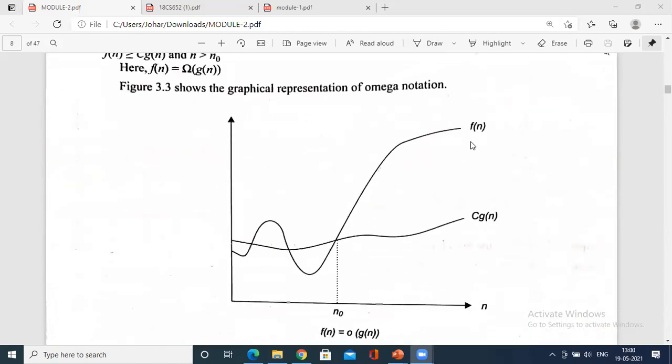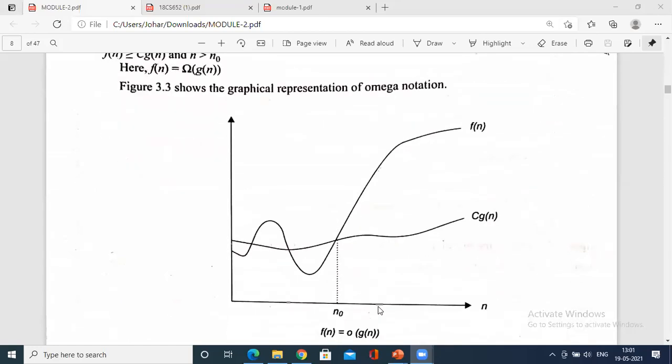Here f of n is greater than c of g of n, and where they intersect is called n naught. At this intersection f of n equals c of g of n. In the exam also you have to draw the same graph. The graph may vary; it starts somewhere else and intersects at n naught.